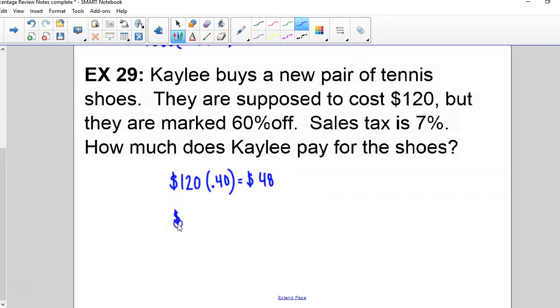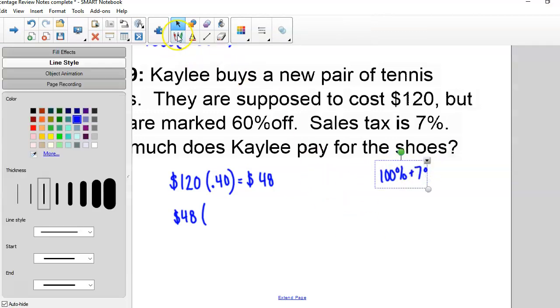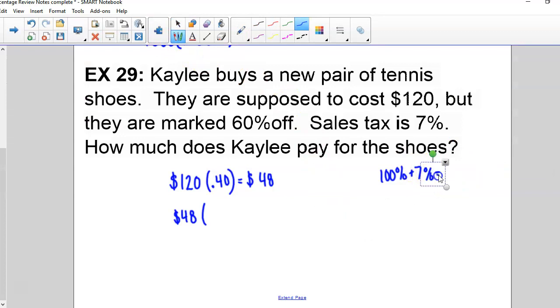So we're going to take that $48, and what did you have to multiply that by, Ian? Good. So 1.07, and you can do that part in your head, not write down the sign. And what do you get for your total price?